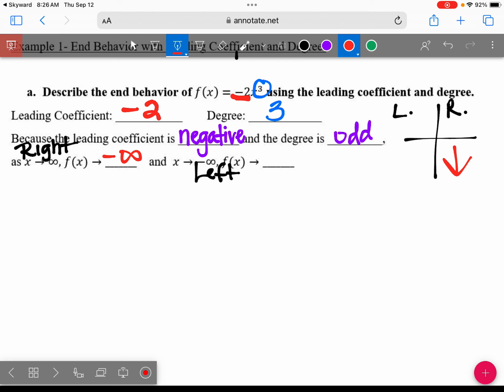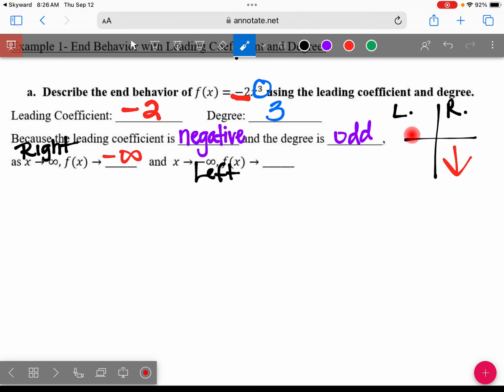The left side is either going to do the same thing or it's going to do the opposite, and that depends on your degree. If this is an odd number, it does the opposite on the left. If this number is even, it does the same on the left.